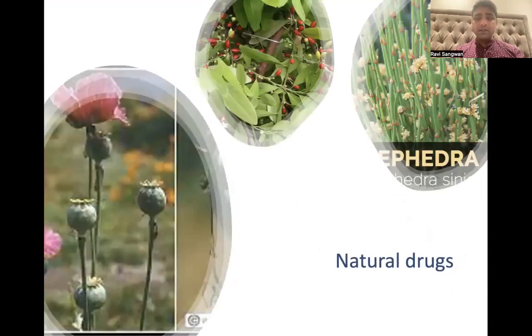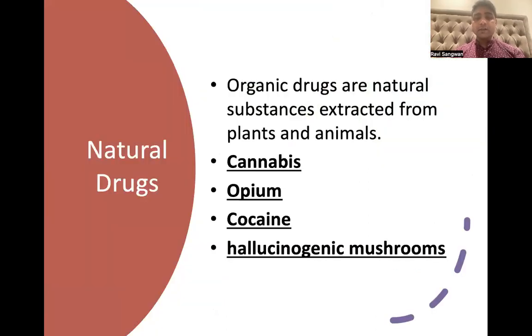Natural drugs, you can see here, are the plants of opium, cocaine, ephedra. Natural drugs are organic drugs extracted from natural substances, from plants and animals. And here are the types: cannabis, opium, cocaine, hallucinogenic mushrooms.